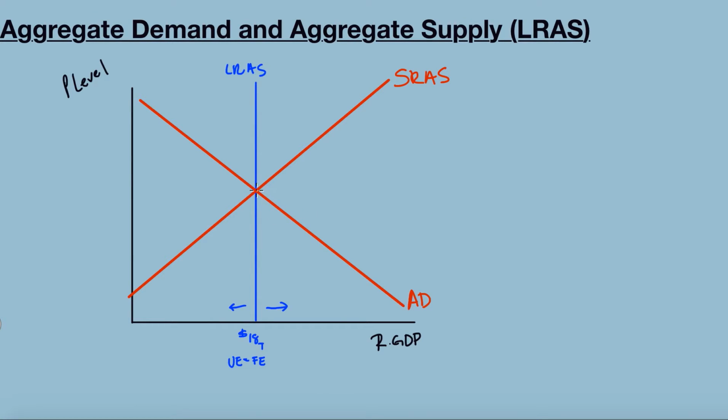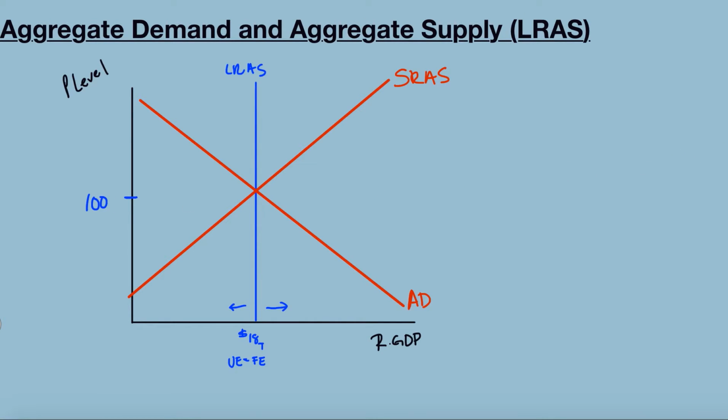But here, all of the workers have enough time to understand all of the price level changes and what that means for them. They're able to ask for higher wages and get higher wages. Firms are not overproducing or underproducing. We have the right amount of GDP, and our price level is extremely stable, so we'll put our price level at 100.